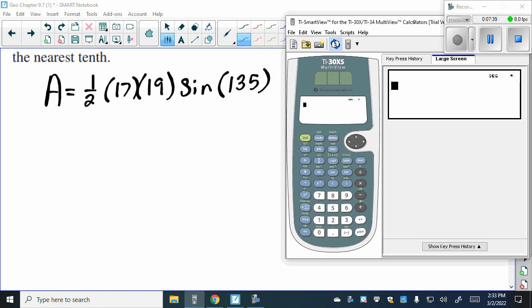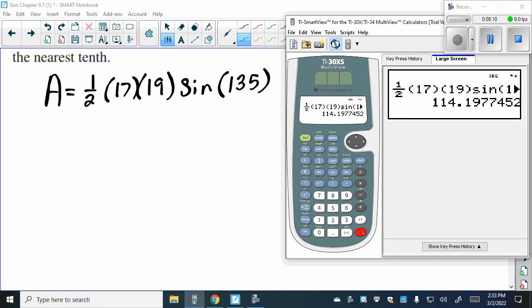So on the calculator, we can say 1/2 times 17 times 19 sine of 135. That's it. So we have 114.197745.